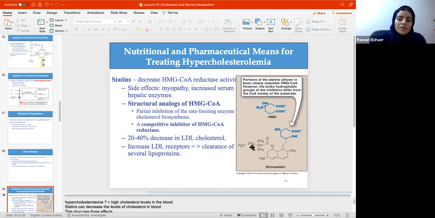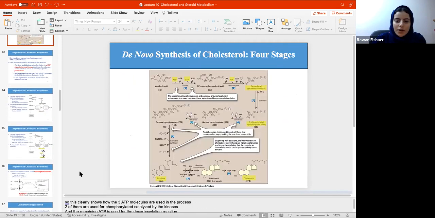The purpose of Simvastatin being structurally similar is that it can bind to the enzyme and basically occupy it so that it doesn't go and perform its purpose, which is converting the, wait one second, I got a brain freeze.